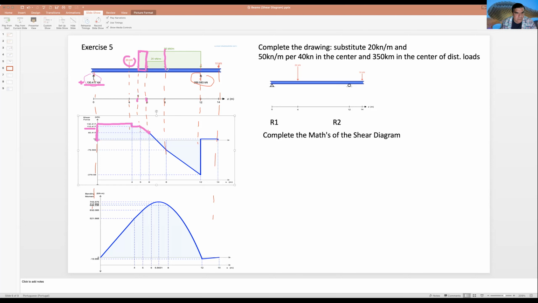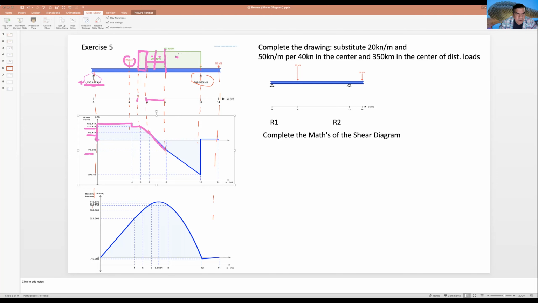Second, I have here 20 plus 50 is 70. I have 70 in this area and 70 in the next one because we have 2 units, that is 140. Well, I need to go down 140 from 60. 140 minus 60 is 79. I have a straight line of 79.